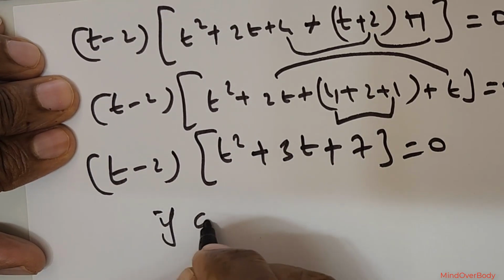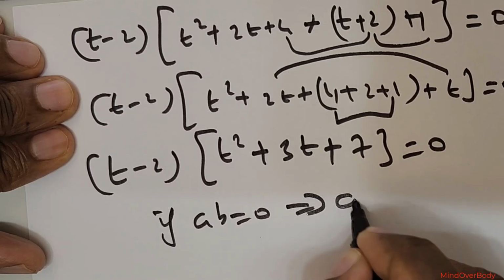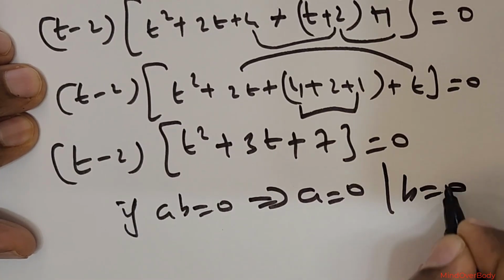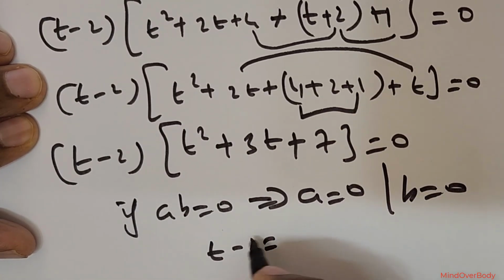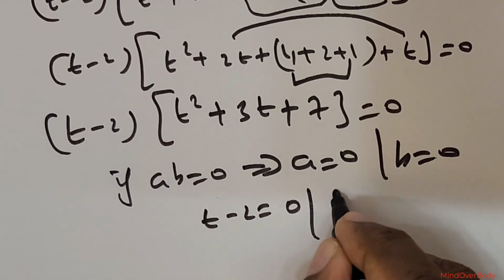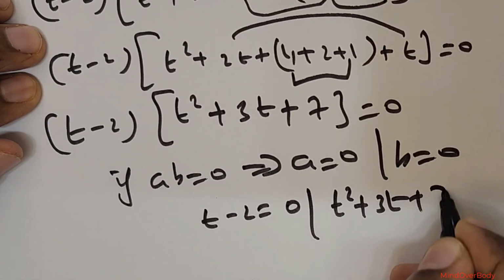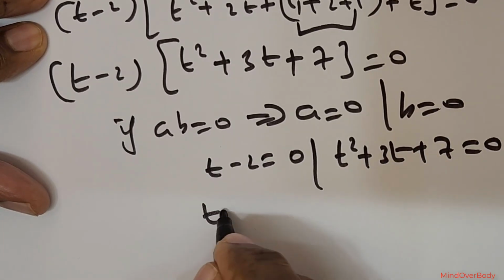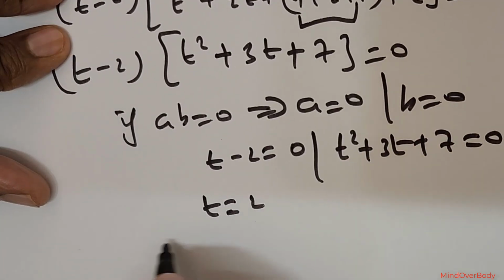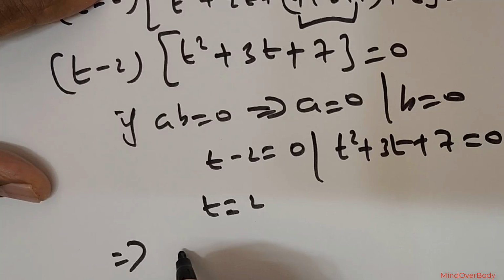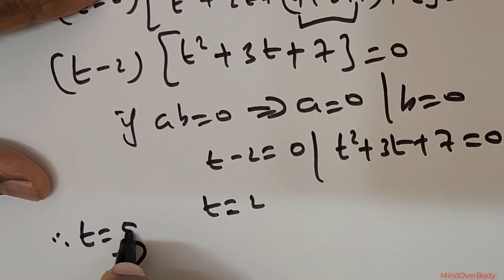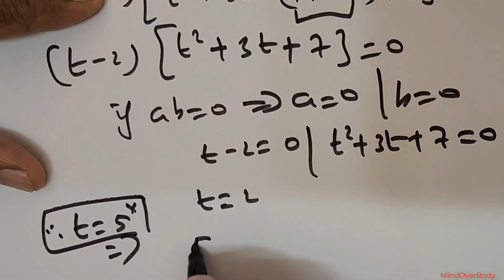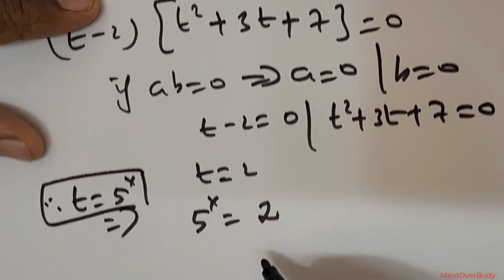Now from here, if ab = 0, this means a = 0 or b = 0. So t - 2 = 0, or t^2 + 3t + 7 = 0. Now this means t = 2. We have actually taken t to be equal to 5^x, so 5^x = 2.